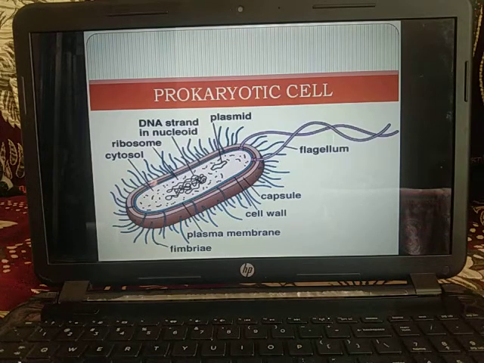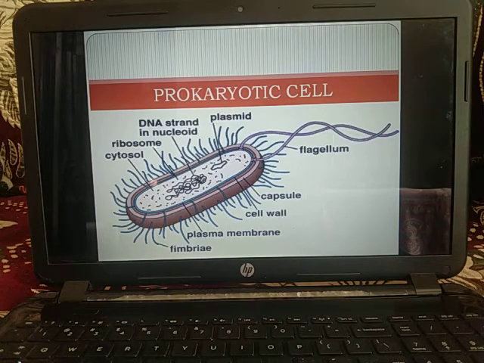DNA content is low in the prokaryotic cell. Transcription and translation both occur in the cytoplasm. Respiratory enzymes usually lie in contact with the cell membrane. Now the bacterial cell is a primitive type of cell, and the genetic material is not organized in the form of a nucleus, but instead lies freely in a naked supercoiled state in the cytoplasm.